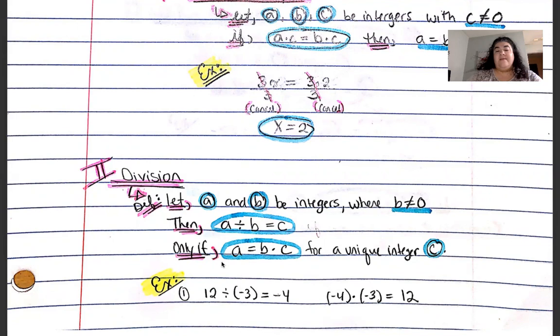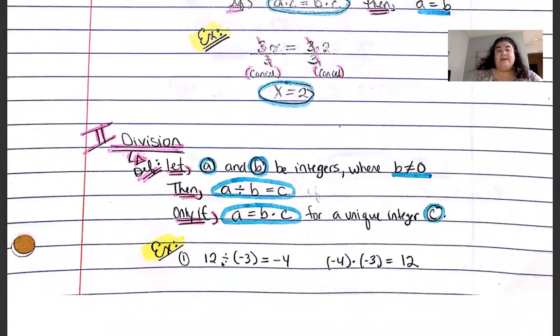And here is how they like to explain it. Let A and B be integers so long as B is not equal to 0. Why? Because we don't divide by 0. Remember, that's undefined. That's why a fraction with a numerator over 0 is considered undefined. So we state that we're not allowing B to be equal to 0.